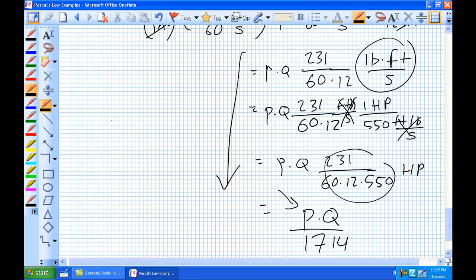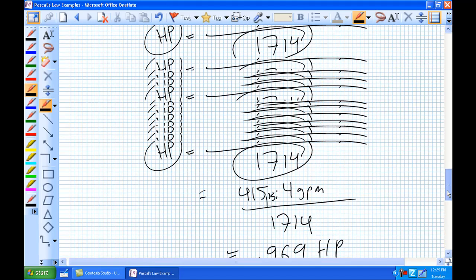So let's do that on retraction. We were fixed at a flow rate, 4 gallons per minute, divided by 1714. What was our retraction pressure? 509 psi. What do we get? 1.18 horsepower.